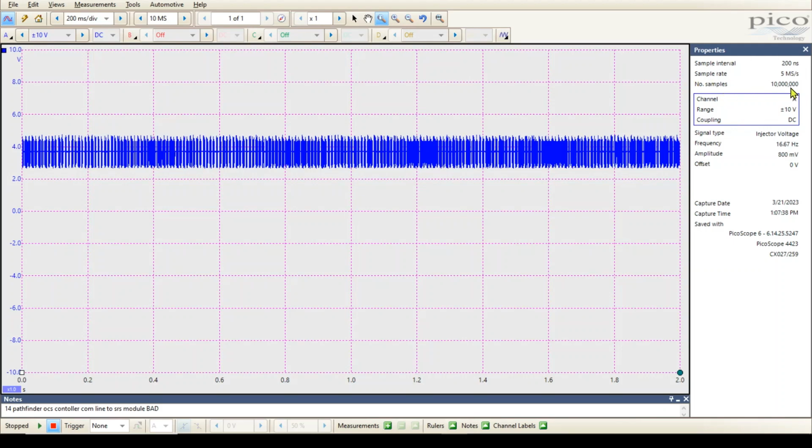There are 10 million samples on this screen, which means there are 5 million samples a second. So I have 2 seconds on the screen. So I have 5 million samples here, and I have 5 million samples here. And in order to achieve that, these signals have to be sampled at 200 nanoseconds.